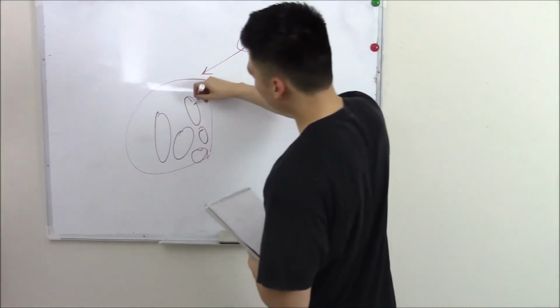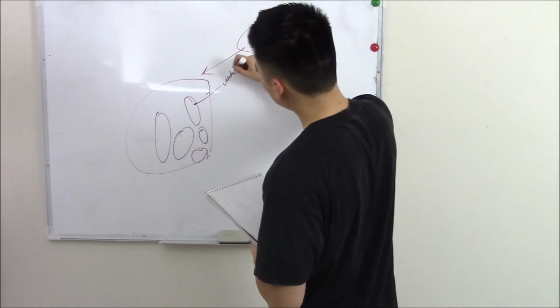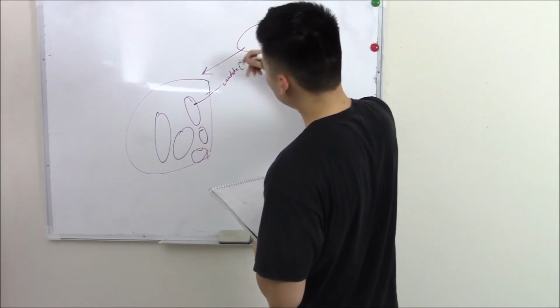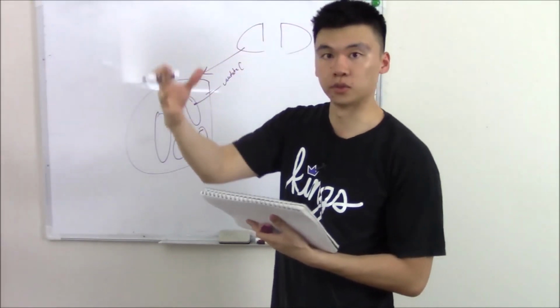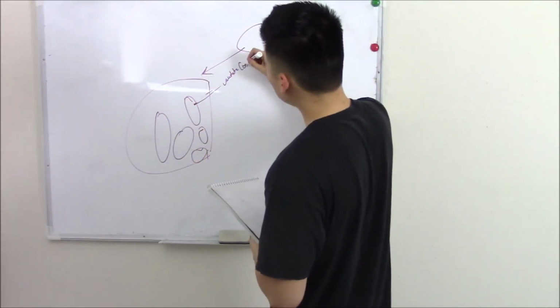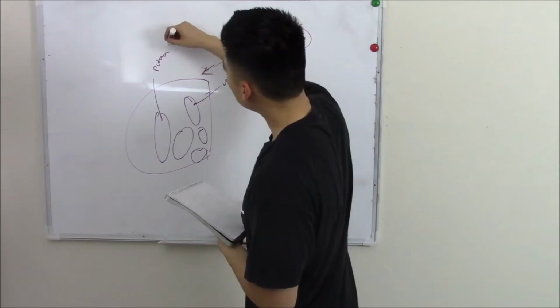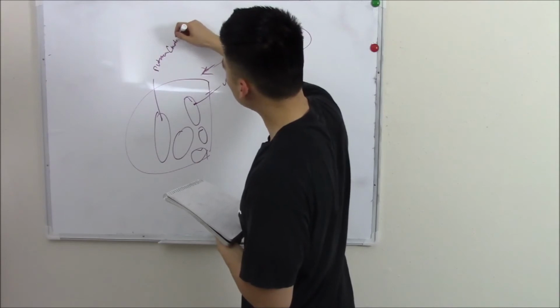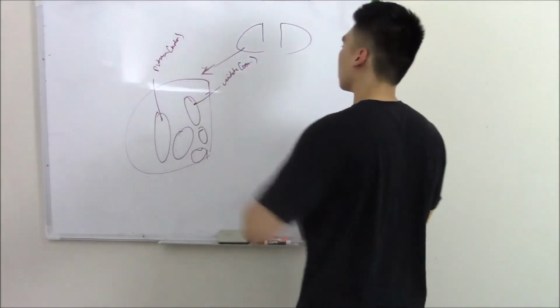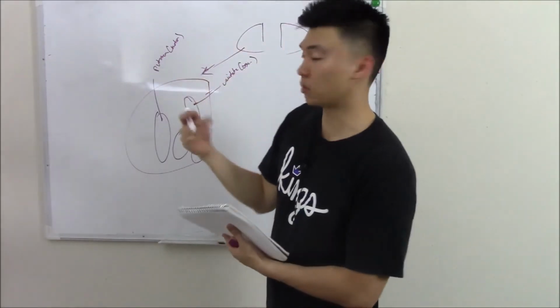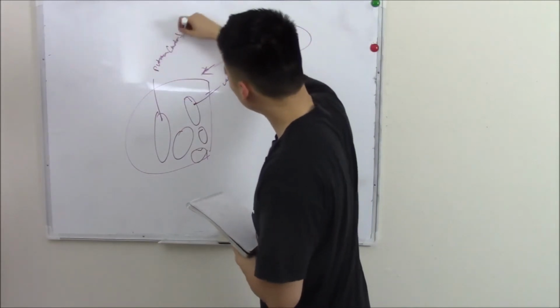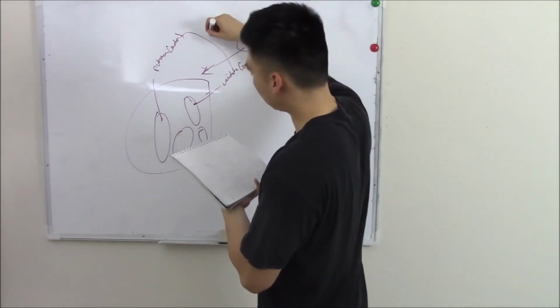Now this first structure right here is called the caudate. This deals with the cognitive portion of movement. So just write cognitive. This structure here is called the putamen, which helps control the motor aspect of it. So you have the cognitive, now you have the motor. And because these two go so well together, we sometimes group them together and call it the striatum.